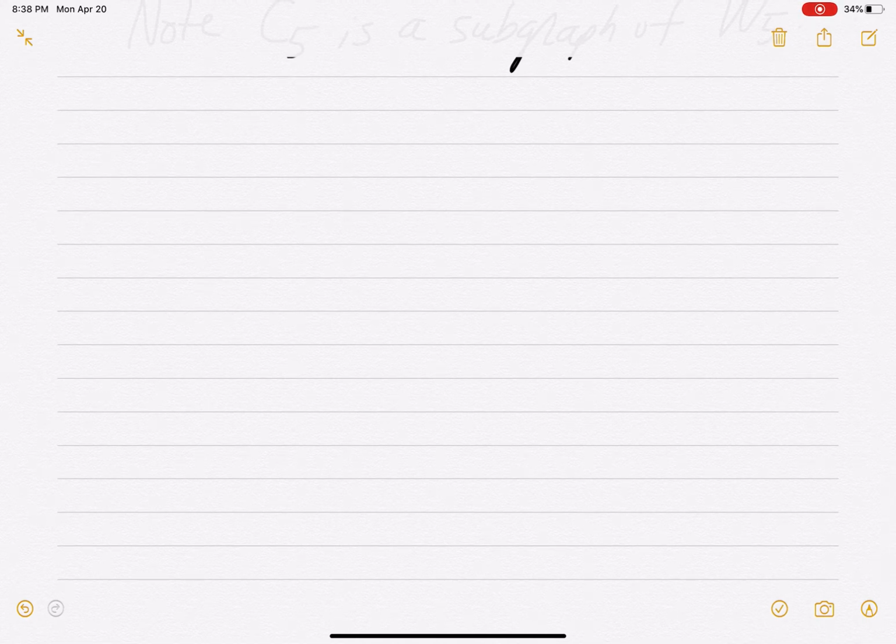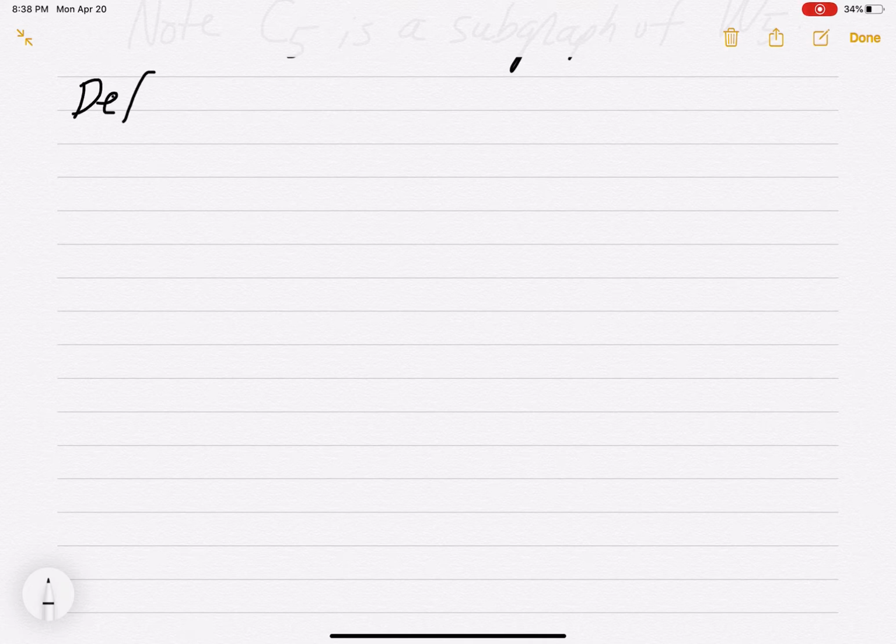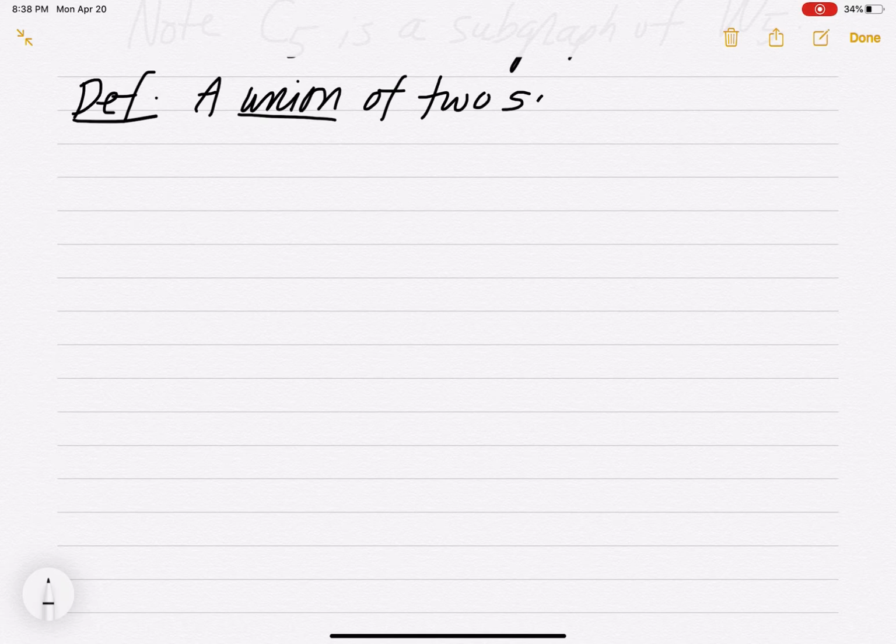I think the last thing we want to do is look at the union. What happens when you union two graphs together? So remember, a union is when you put two sets together. Definition. A union, so we're defining it of two simple graphs.